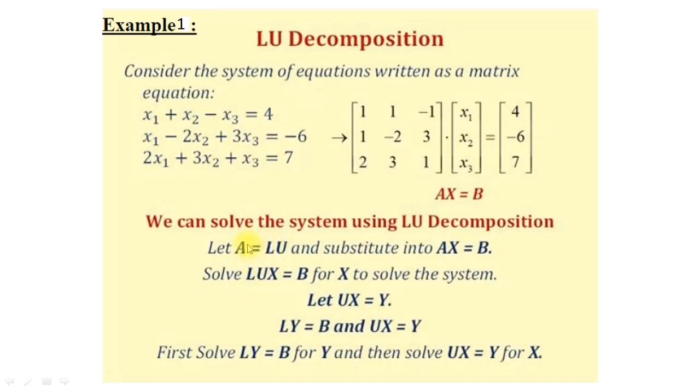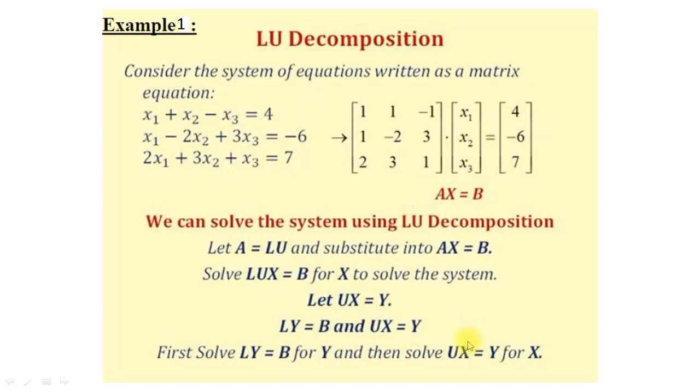To decompose A into LU, we obtain here the lower triangular matrix and upper triangular matrix. After this step, using the lower triangular matrix and matrix B, find a column matrix Y, and then solve the system UX = Y for X using the upper triangular matrix and the Y matrix.